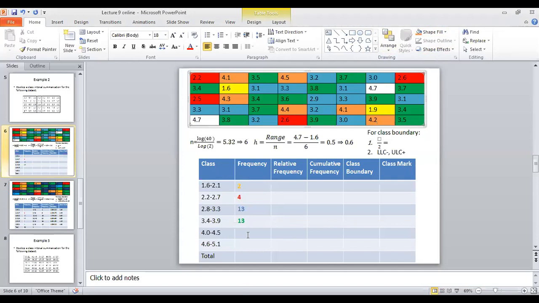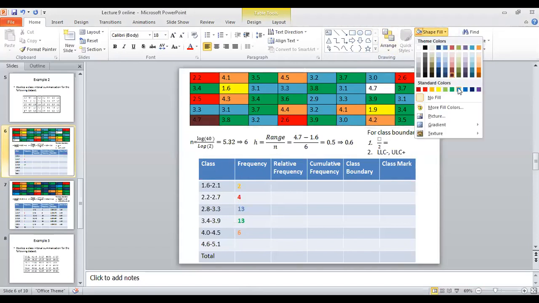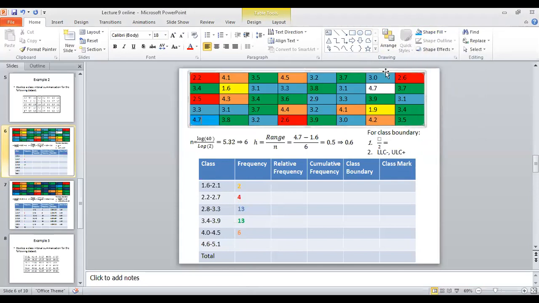So the frequency is 6 for this one. And lastly, 4.6 to 5.1. Those two are remaining in it, so let's mark them with some different color. So 4.7 and 4.7. So the frequency is 2.